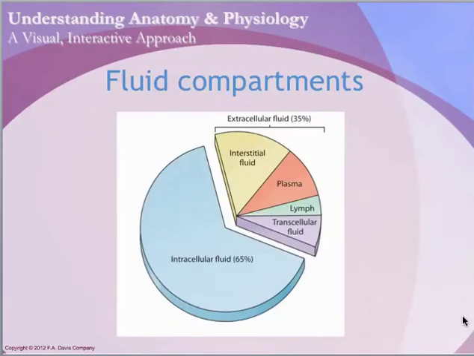So we do have different fluid compartments. Okay, we have intracellular fluid and we have extracellular fluid. Okay, most of the body's water, about 2/3 of it, resides inside cells. That's intracellular fluid. The rest is called extracellular fluid, so it's outside the cells.